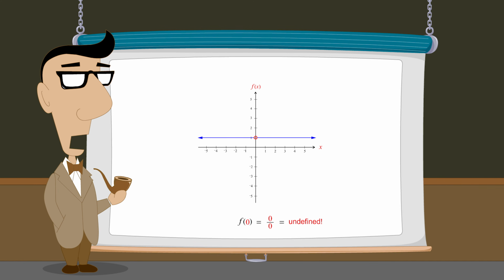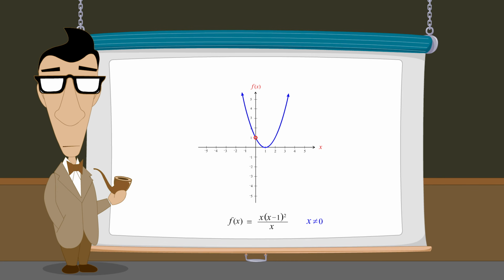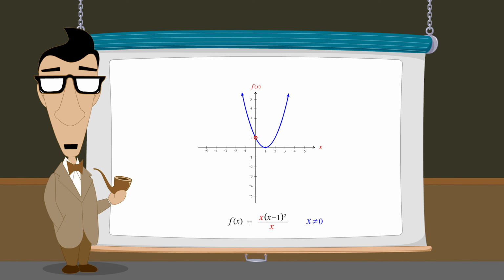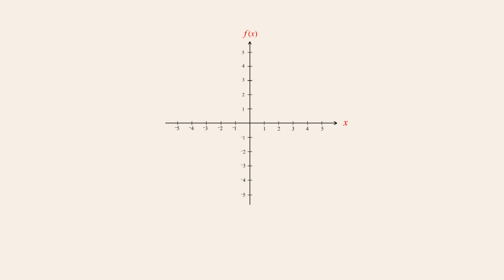However, holes can also appear in more complicated rational functions, where a pair of identical numerator and denominator factors produce a hole. So let's see how this happens. The function x minus 1 squared is a parabola.